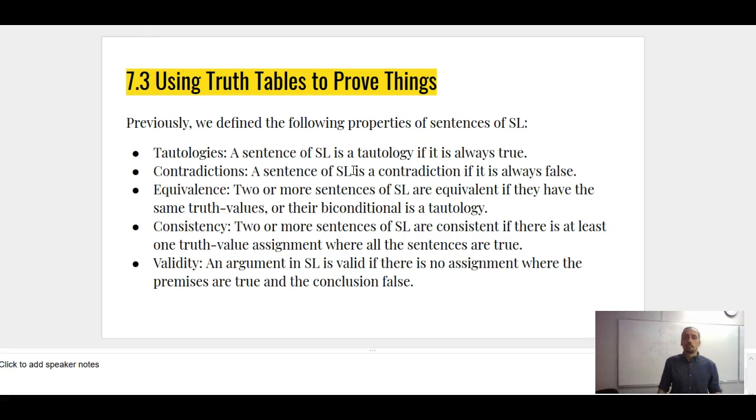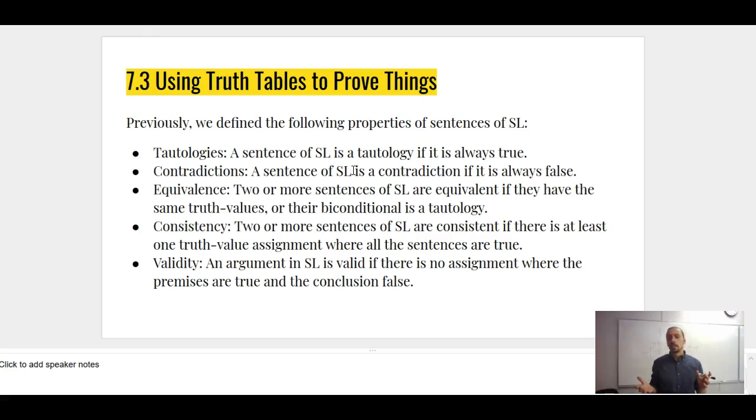Equivalence, well, we do the truth tables for both and we find out that they have the same truth values underneath their main logical operator. Or if we want to be a little bit more formal about it, we could create a biconditional where sentence 1 and sentence 2 are combined with the biconditional as the main logical operator, and their biconditional is a tautology. We have a nice column of T's underneath the biconditional operator. That means they're equivalent.